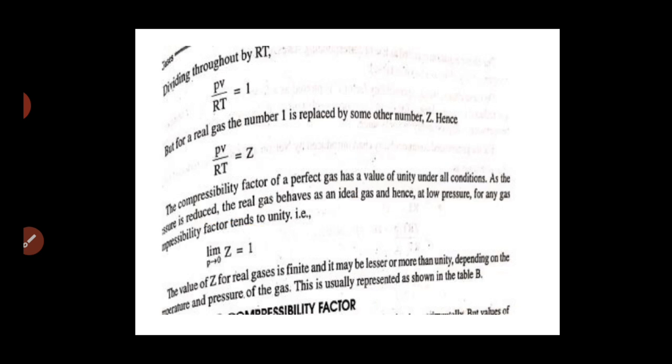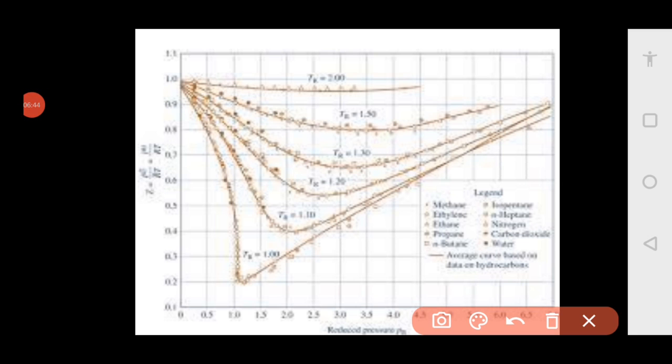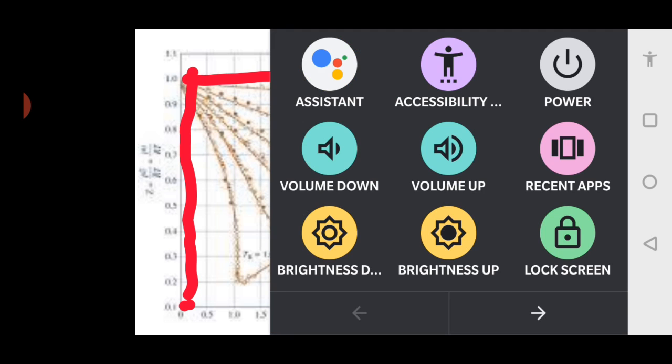A reduced pressure of 0.147 is very close to 0.14, because the next line is 0.5 only. So this is the line which is nearing 0.144, that is the reduced pressure. Now the reduced temperature was 2.4. The chart is given only up to 2, so you take the reduced temperature here.